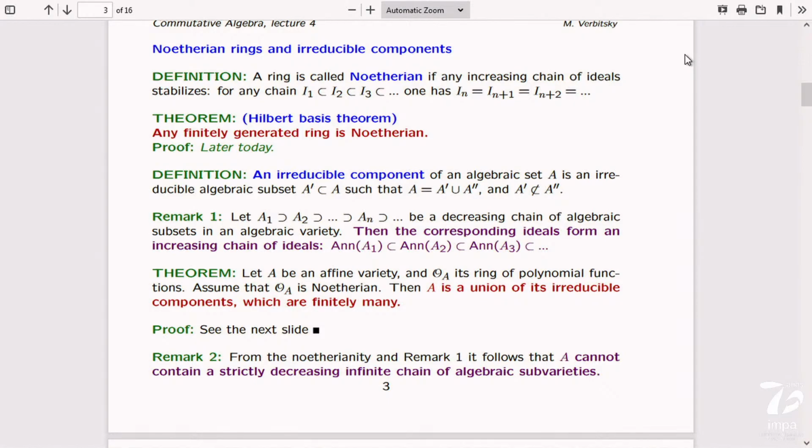If you have a subvariety which is strictly contained in another subvariety, the corresponding ideals are also strictly contained.